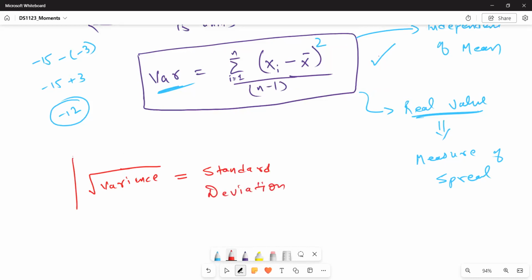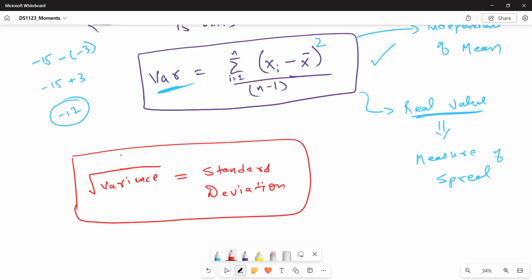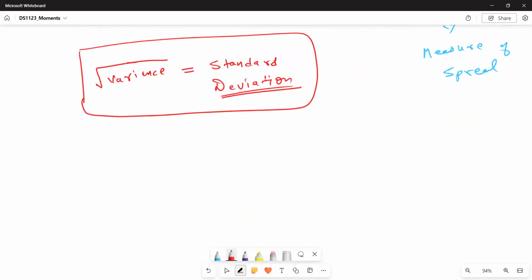This is the new term, standard deviation, and this is again a very important term in statistics.